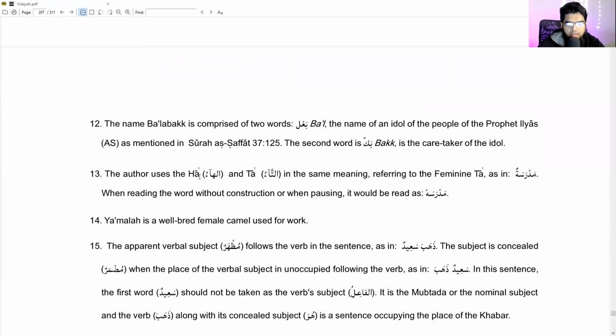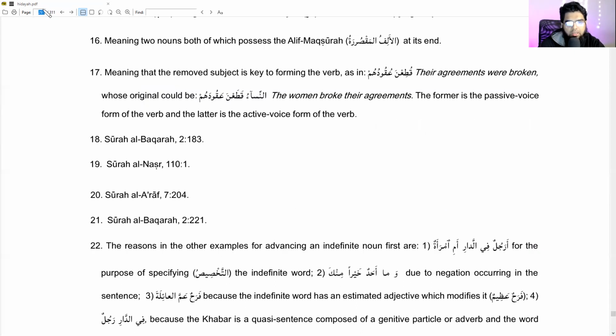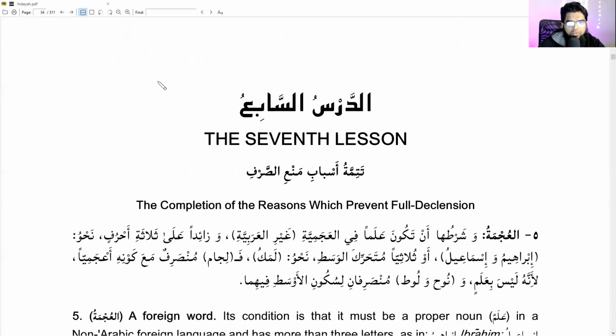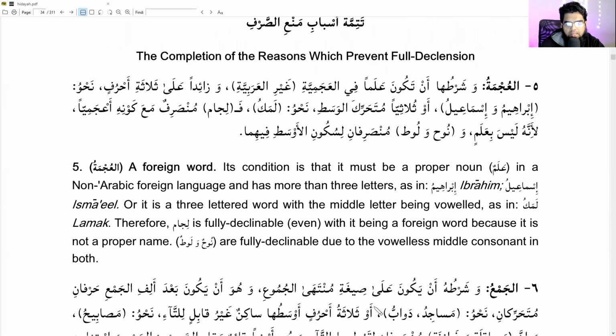The author uses ha and ta in the same meaning. Ha means ta marbuta, referring to the feminine ta, as in Mother Satum. When reading the word without construction, when pausing, the ta marbuta becomes ha. It would be read as madrasa. So he uses it in the same meaning as this. So it should not accept ha, he says.